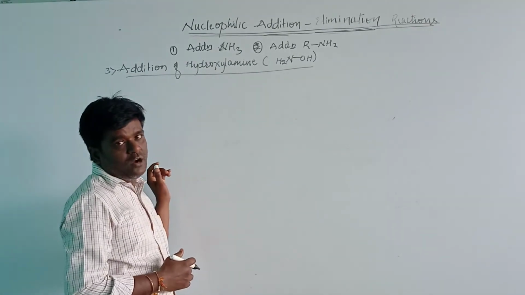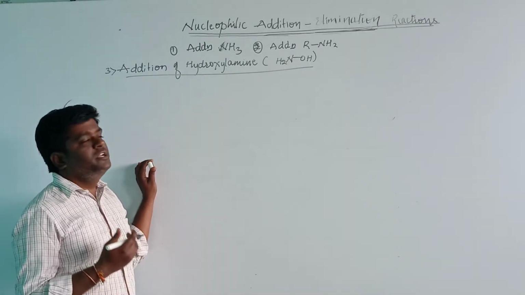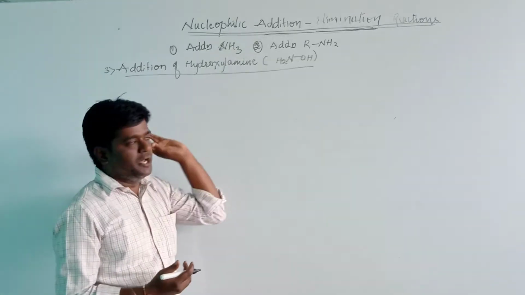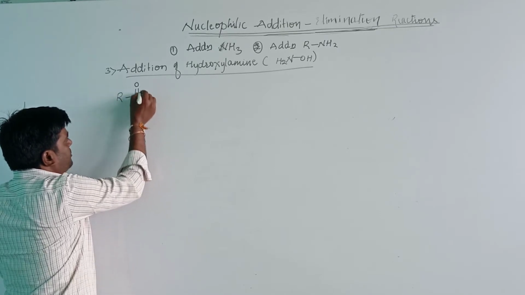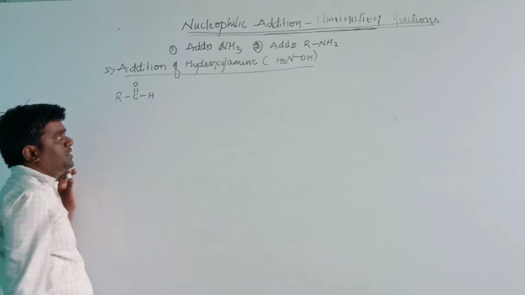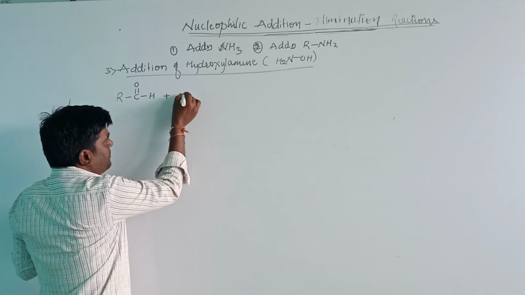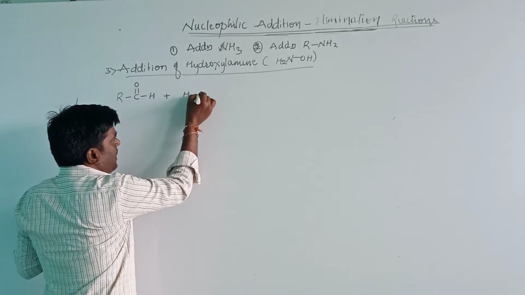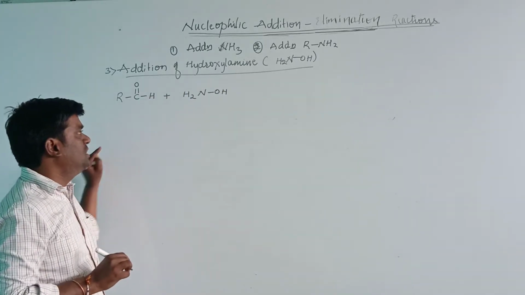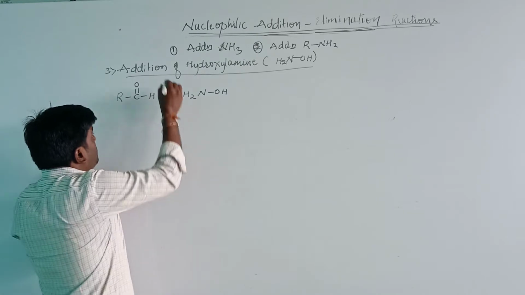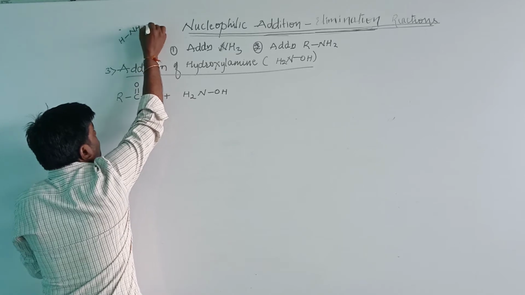First we will see how the aldehydes will undergo nucleophilic addition, elimination reaction with the hydroxylamine. Then R, C double bond O, H. This is an aldehyde compound. When aldehyde reacts with hydroxylamine, H2NOH, in this hydroxylamine we can also write here HNHOH.